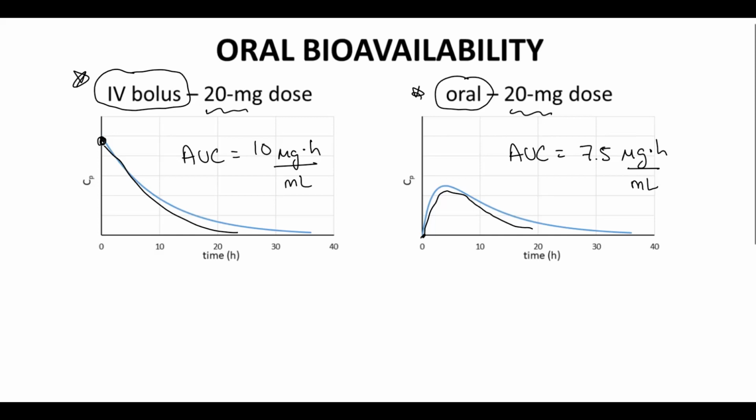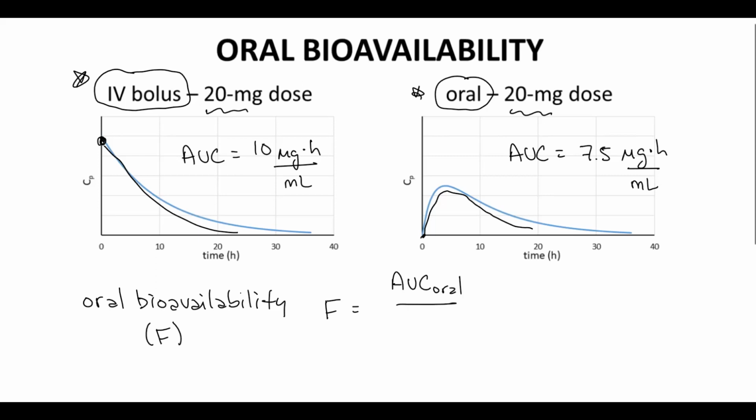Oral bioavailability, or F, is not necessarily 100%. F is equal to the oral area under curve divided by the mass of the oral dose, all over the area under curve for the IV dose divided by the mass of the IV dose.